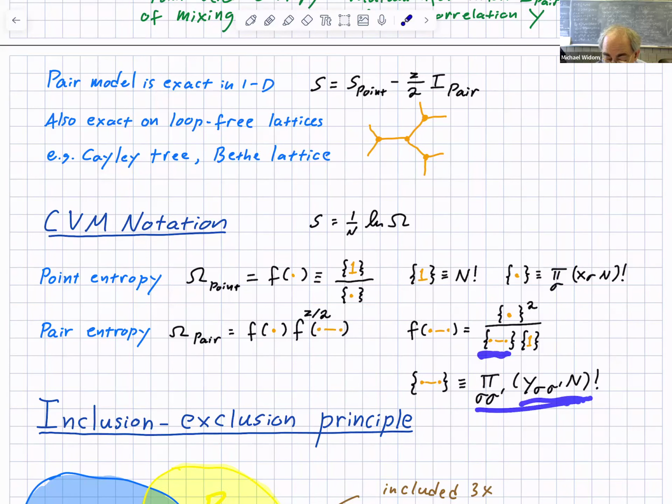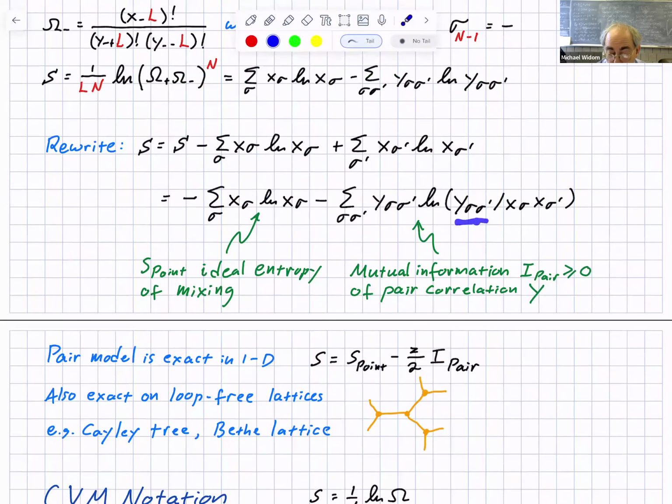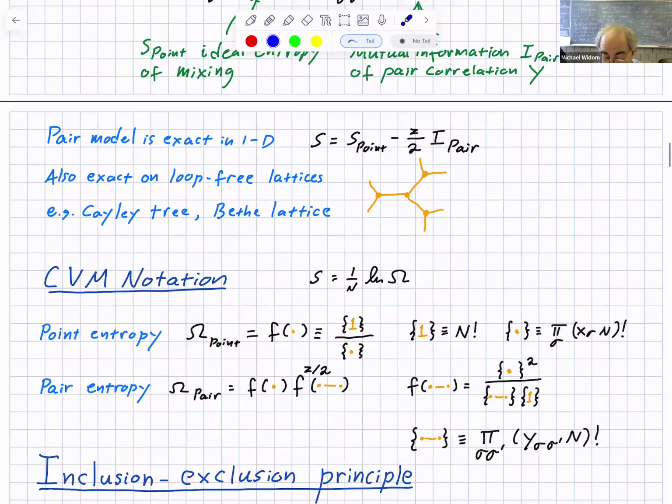But remember that every pair comes along with 2 points. And we don't want to overcount the points. So we have to remove the points from the pairs. And so I take the 2 points that come with every pair and I put them in the numerator. It's very much like here we had pairs in the numerator, and then I had to remove them by placing their frequencies in the denominator. So we have 2 points in the numerator, 1 pair in the denominator.